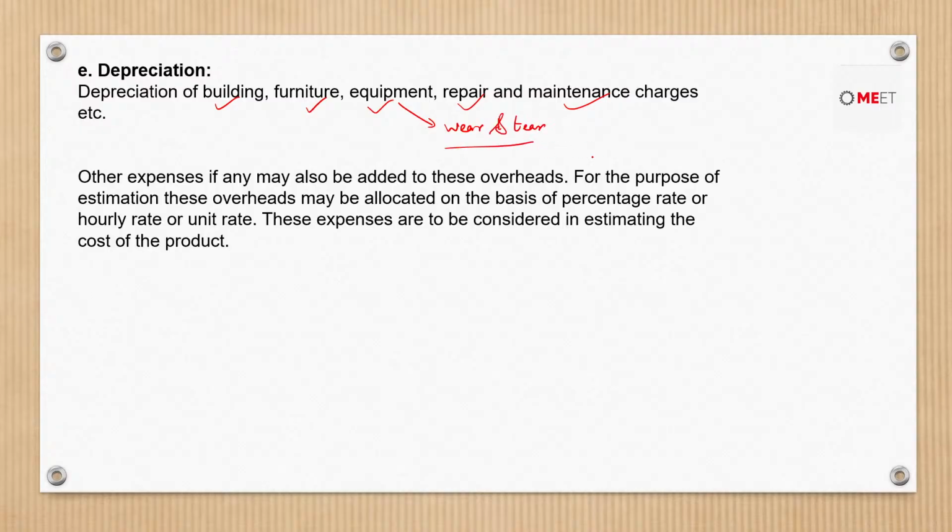So this wear and tear also needs to be included in the depreciation. Other expenses, if any, may also be added in these overheads. So for the purpose of estimation, these overheads may be allocated on the basis of percentage rate, hourly rate, unit rate. The expenses are to be considered in estimating the cost of the product.